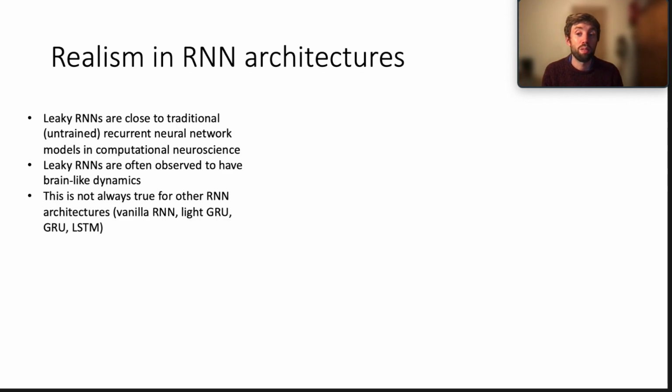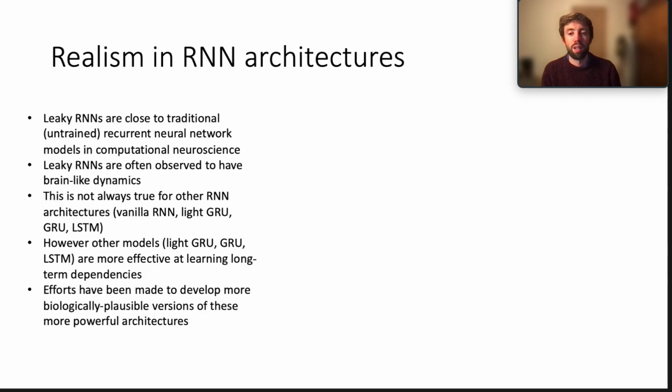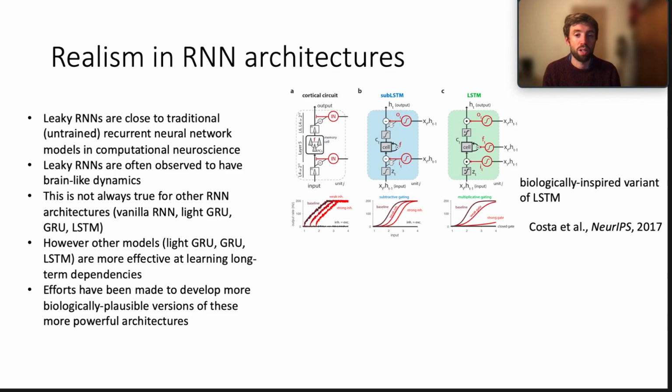This isn't always true for other RNN architectures, including the vanilla RNN, the various versions of the GRUs and LSTMs. However, other models are more effective at learning long-term dependencies, and some efforts have been made over the last few years to develop more biologically plausible versions of these more powerful GRU and LSTM architectures.